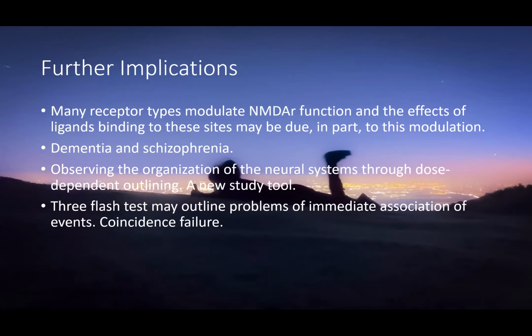And if we look at beta amyloid, that is really interesting because it stimulates NMDA receptors, and this is thought to play a role in brain damage in Alzheimer's because overstimulating that receptor is excitotoxic.